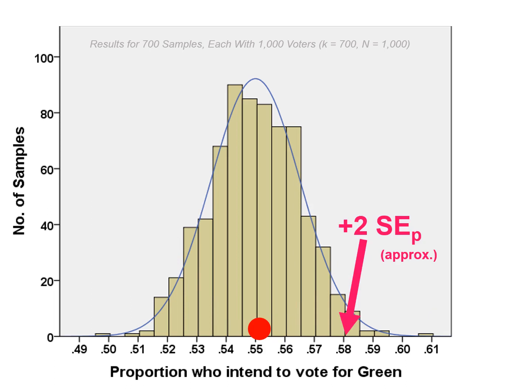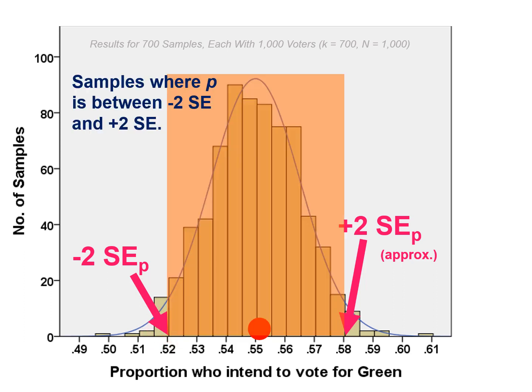So we can estimate two standard errors above the mean, which is around this area. And we can also estimate two standard errors below the mean, which is around this area. This area right here indicates all the p-values that fall within two standard errors from pi, or the expected value of p.